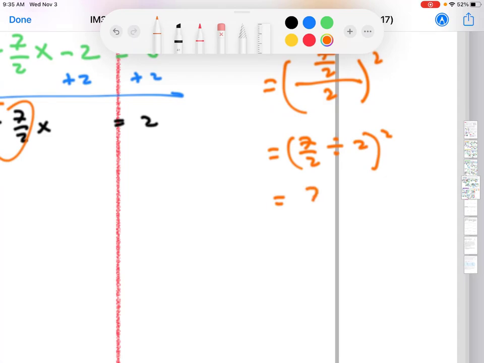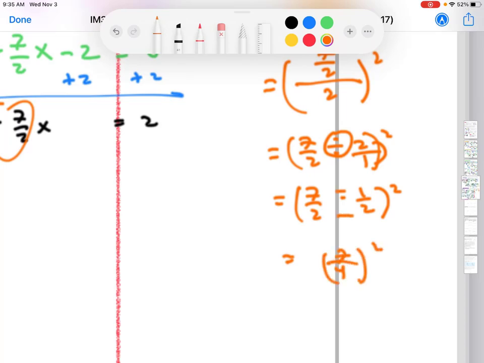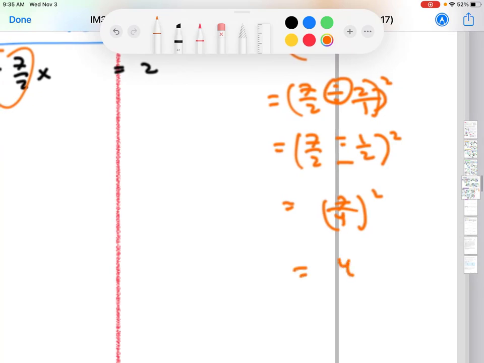Dividing by 2 is the same thing as multiplying by 1/2, and that's the reason why you change this one to multiplication, and then you take the reciprocal and you get 1/2. Multiply across, so that would be 7/4, and then 49/16.